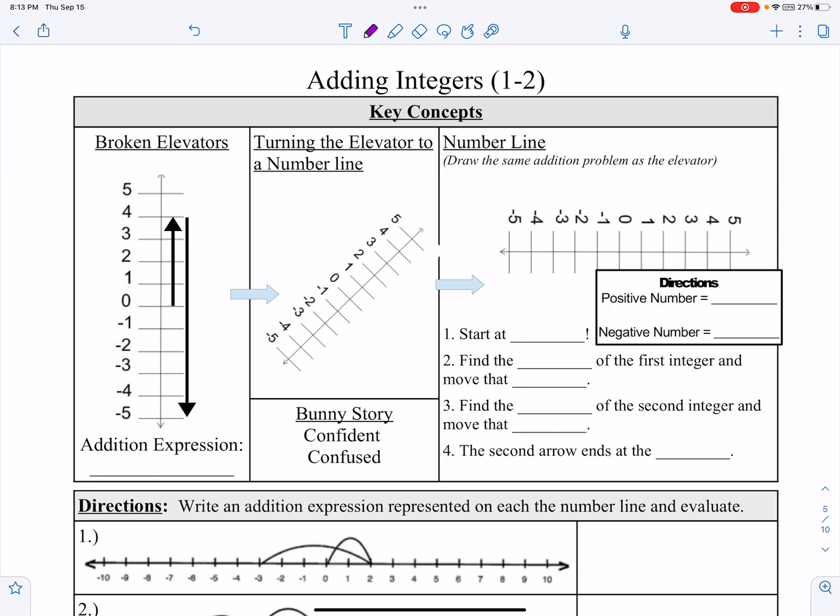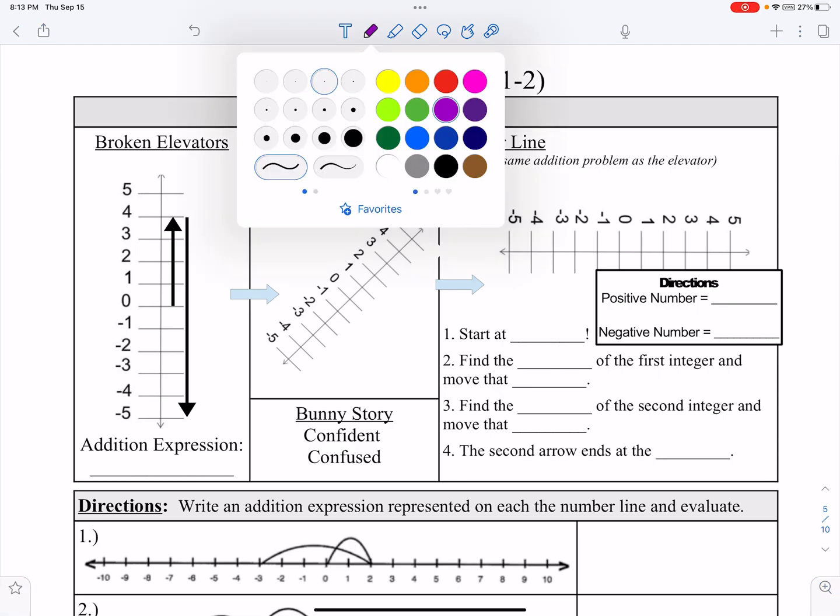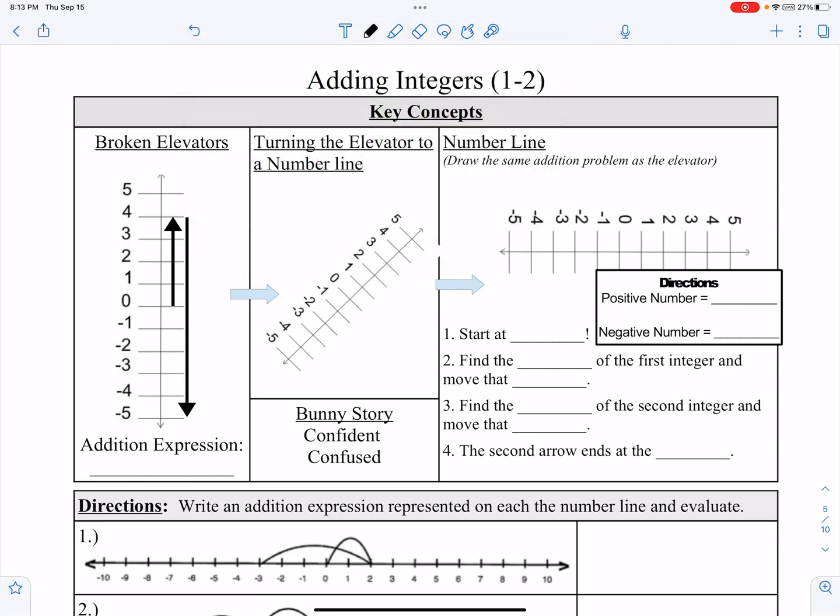And so here's our broken elevator. So let's look through this here. If I'm looking at black as the positive, I can see I'm starting at 0 here, and I want you to see I've moved up 1, 2, 3, and 4. So this is a positive 4, which we would just represent as 4.